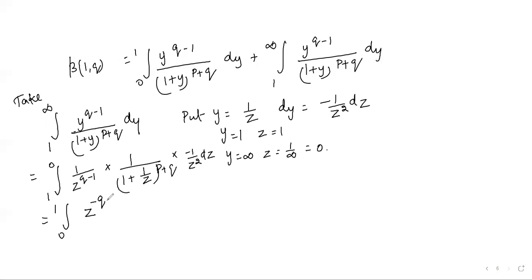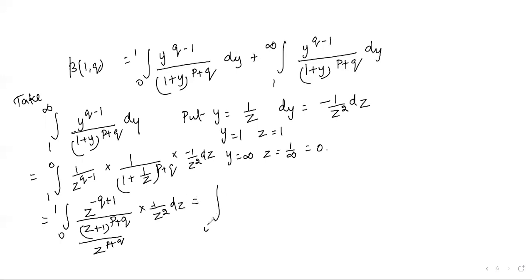So 0 to 1, I can take this z to the numerator as z power minus q, then minus 1 will become plus 1. And then in the denominator, you have 1 plus 1 by z. So taking LCM, it will become z plus 1 whole power p plus q divided by denominator z power p plus q, into 1 by z square into dz.